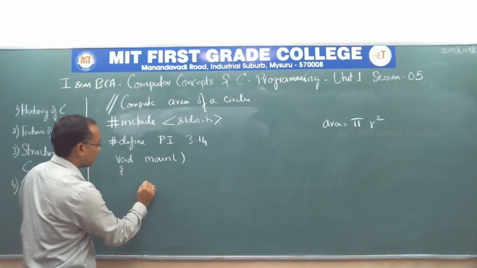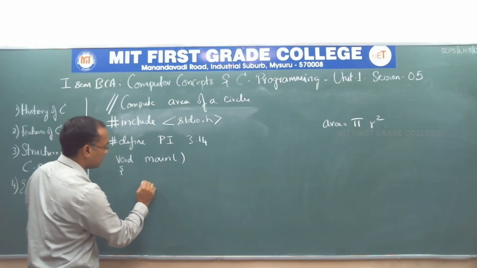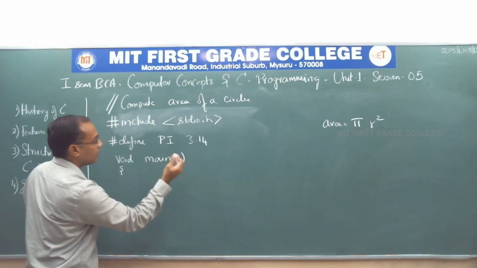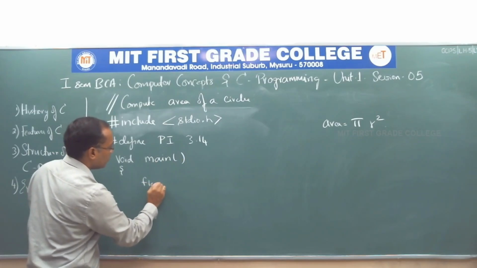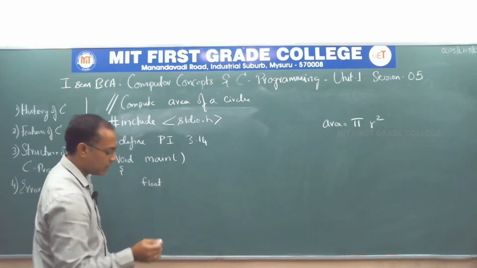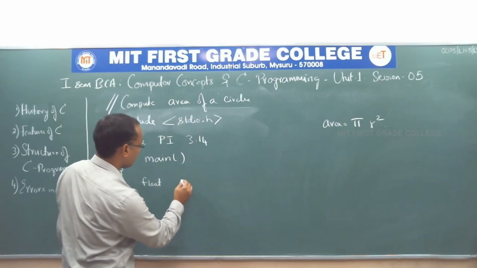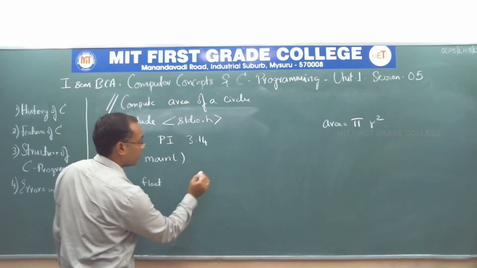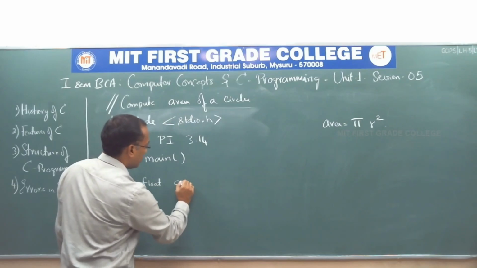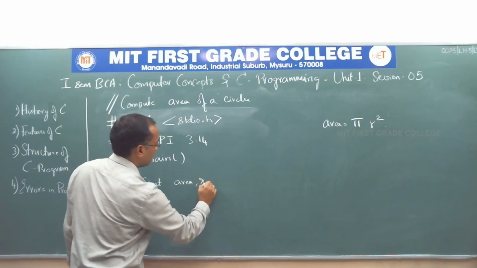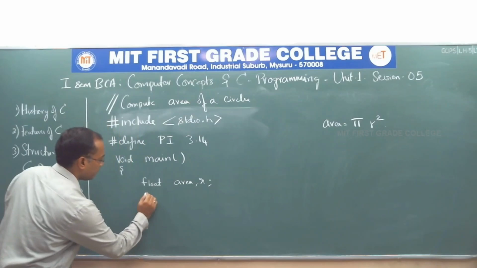Inside the first opening curly bracket, we are going to declare the variables. So we will use float. Float is nothing but numbers with decimal points. We have to declare variables area and r.